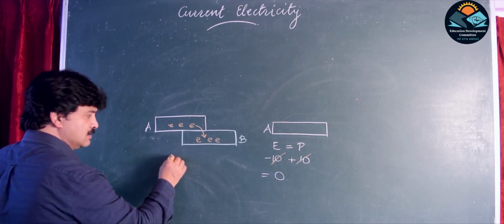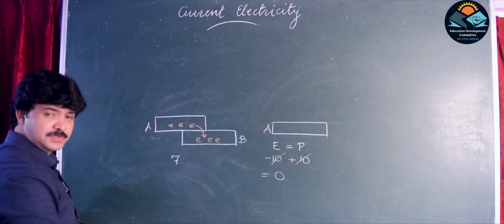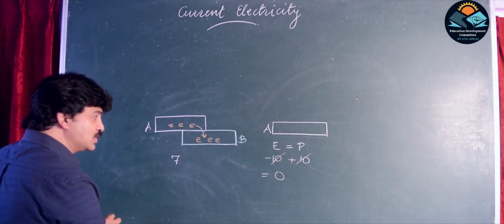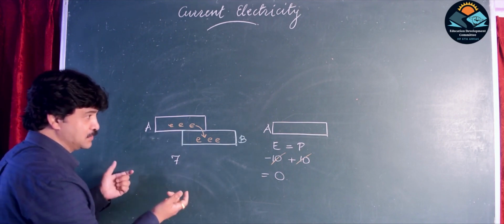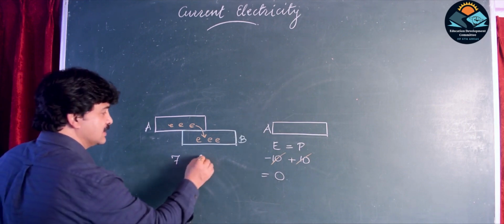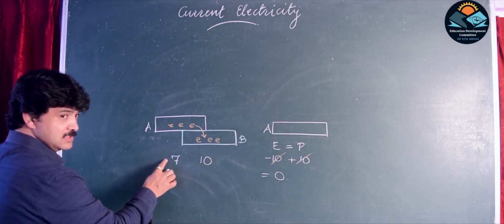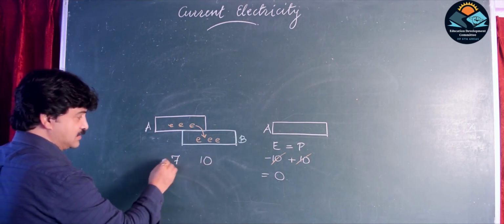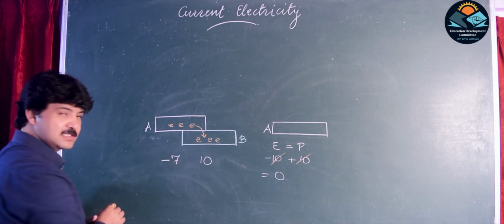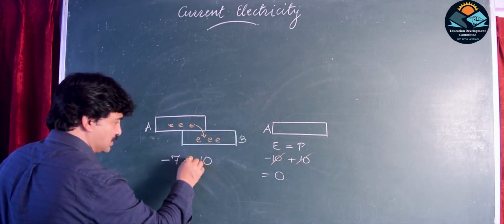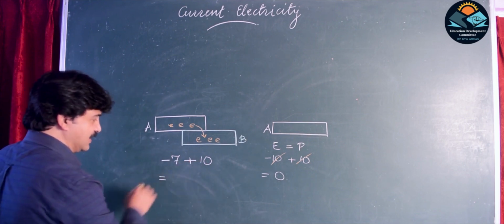It is 7, 10 minus 3, isn't it? And how many protons are present? Protons remain unchanged, that's why 10 protons. Electrons have negative charge and protons have positive charge.